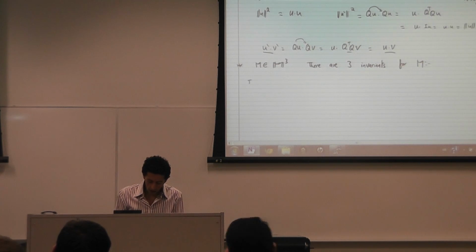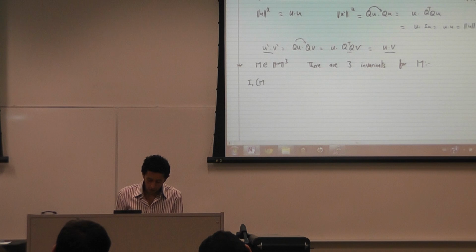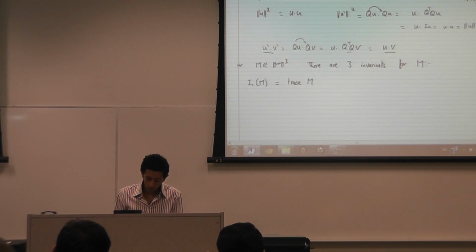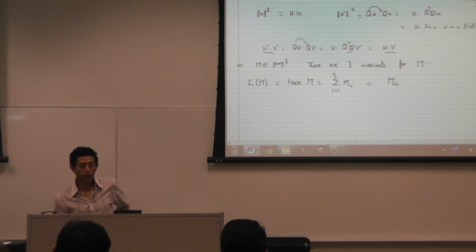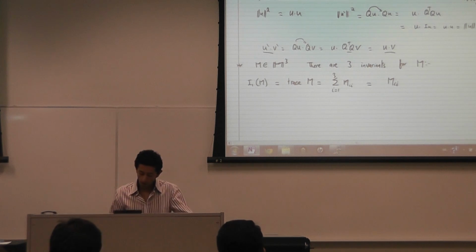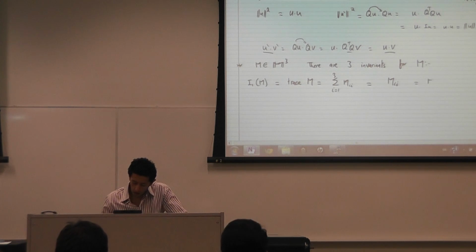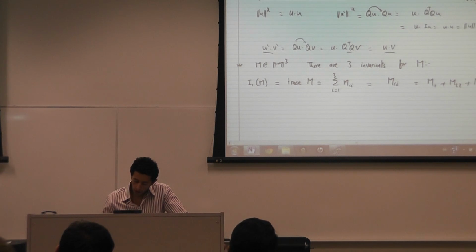The first invariant is called I1 of M, which is equal to the trace of M, which is equal to the sum from i equals 1 to 3 of Mii, which is basically M11 plus M22 plus M33.